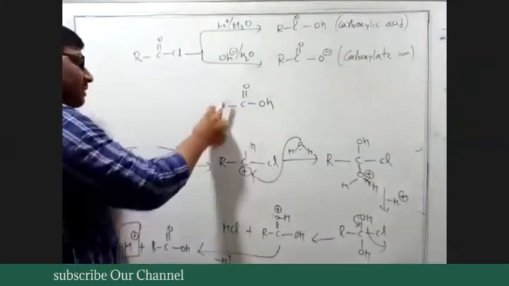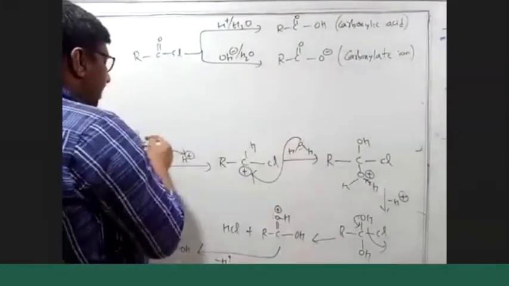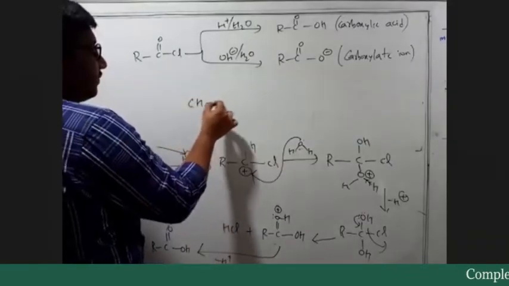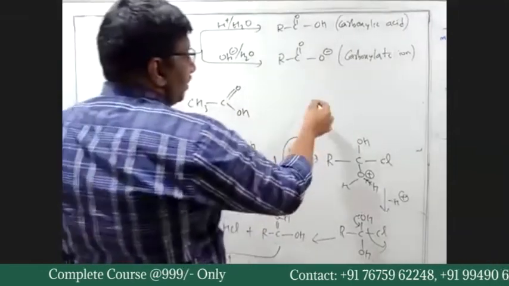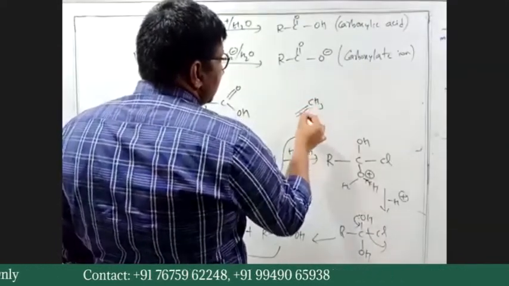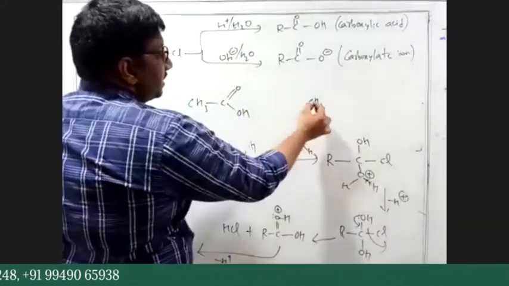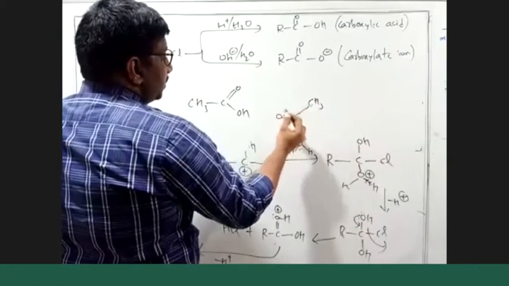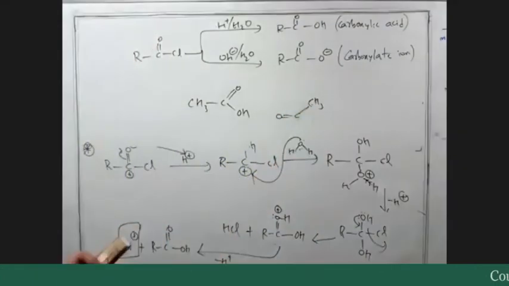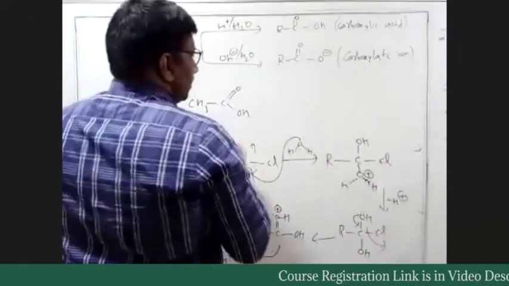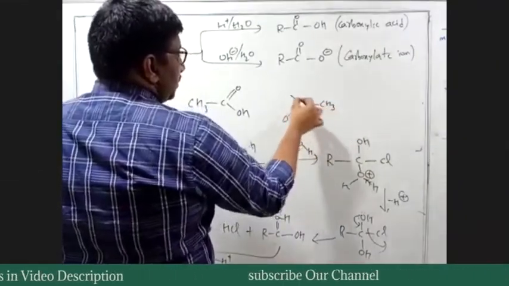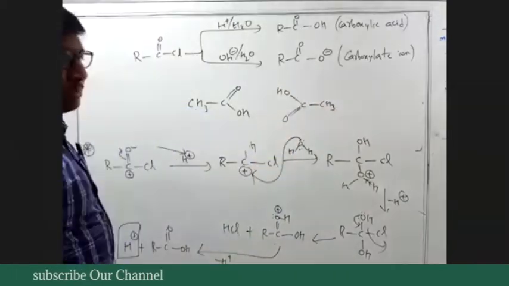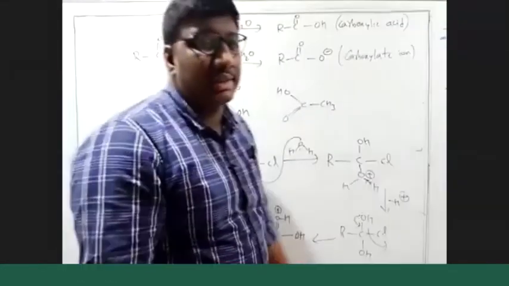For example, I specify this as CH3COOH, CH3, C double bond OH, and let me take another molecule of CH3, C double bond O, OH. So what type of intermolecular forces can you expect here?